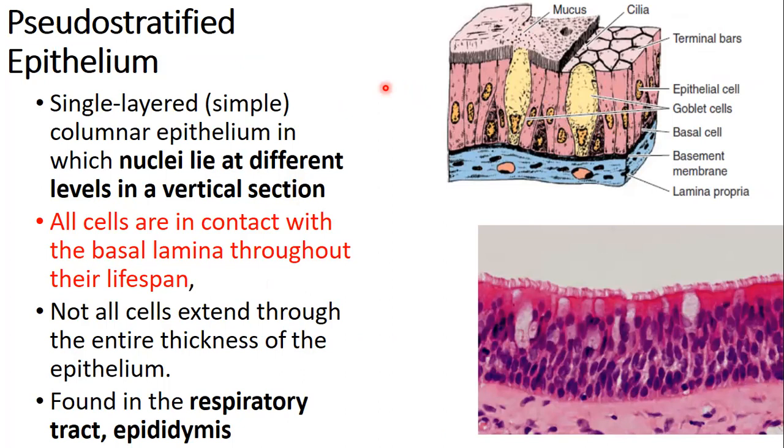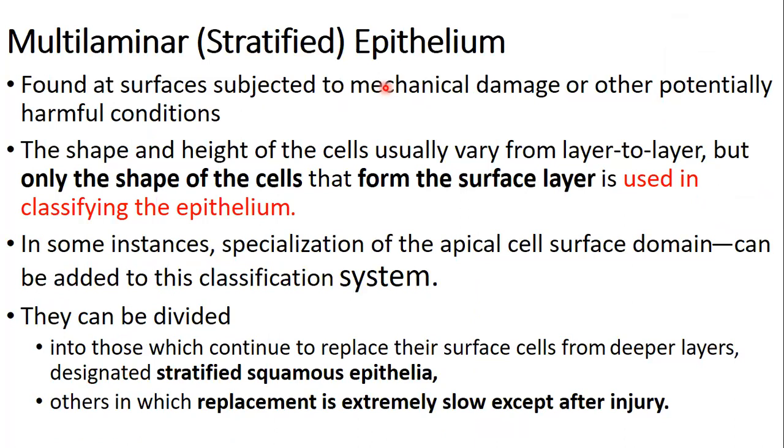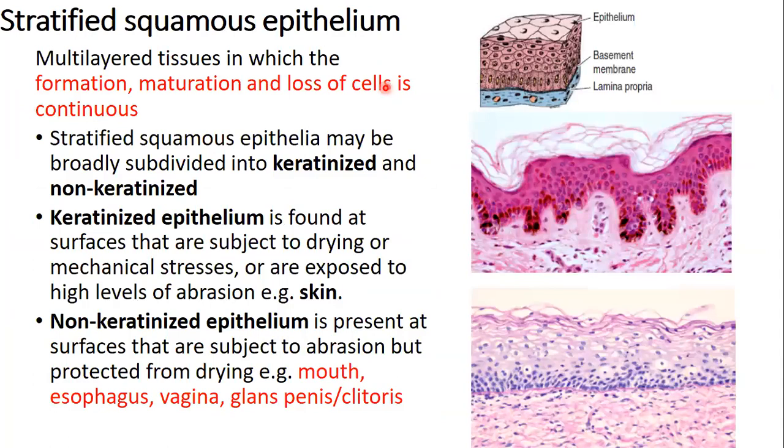Away from that, let's now go to multi-layered or multilaminar or simply stratified epithelium. So here, we'll be expecting more than one layer of cells. Let's quickly go into it. So I want us to focus on this one here because it's more clear than what we have down there.